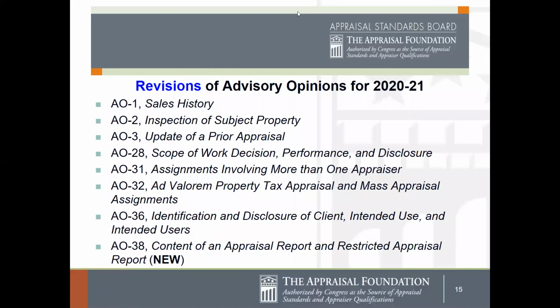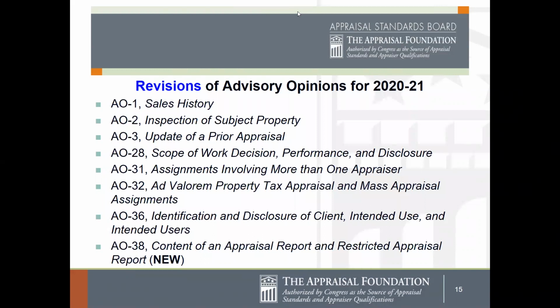However, throughout USPAP, the responsibility to perform in accordance with USPAP is placed on appraisers, not on firms. Firms don't sign appraisal certifications, appraisers do. So the guidance has actually been altered to remove this firm-related obligation.